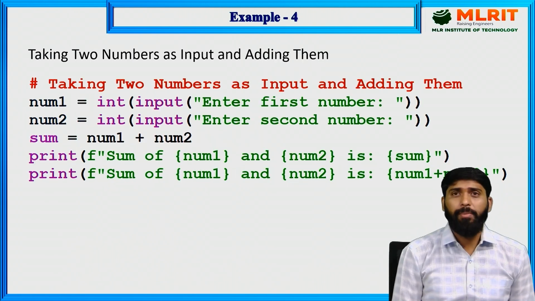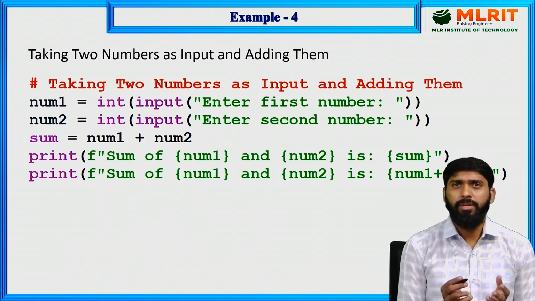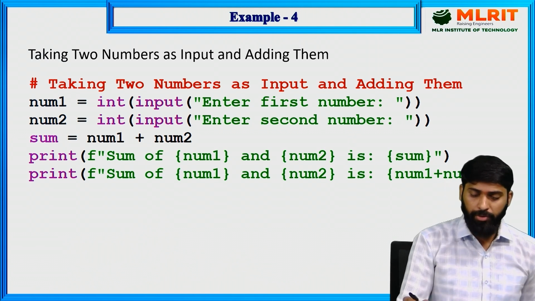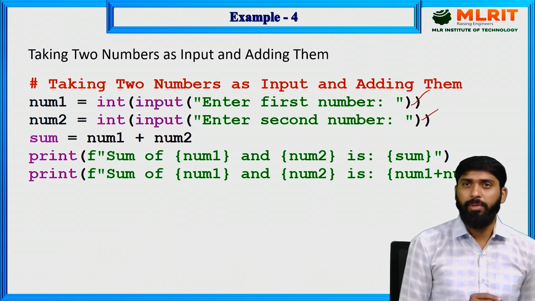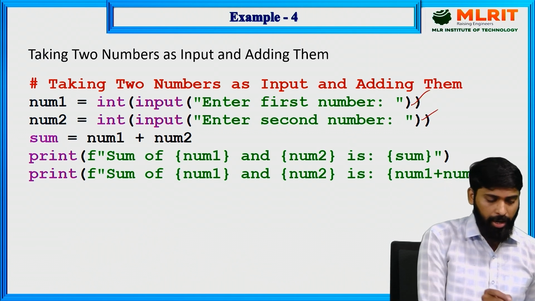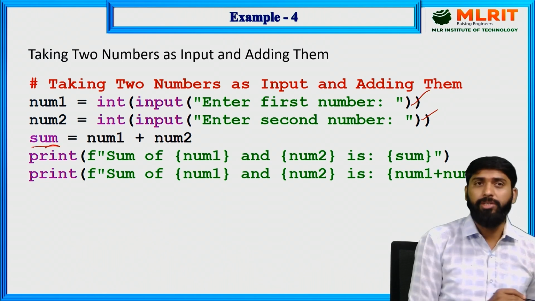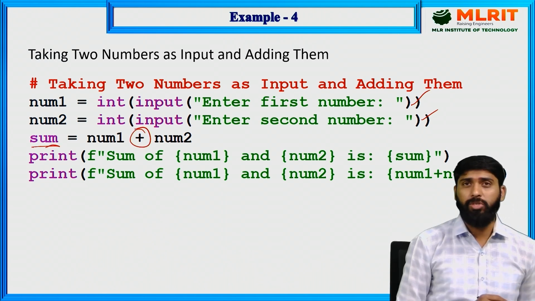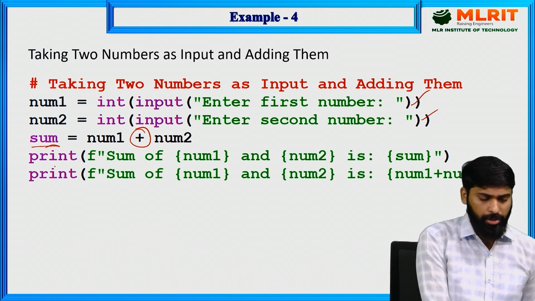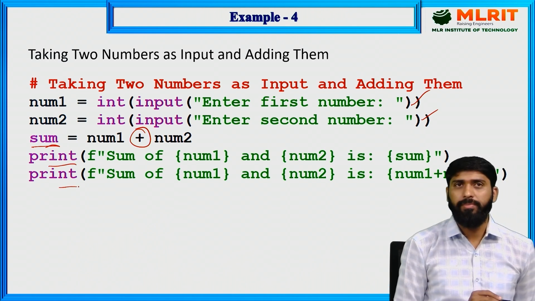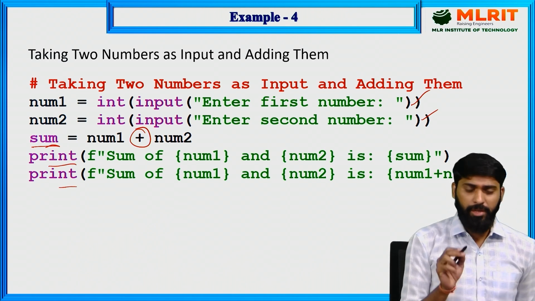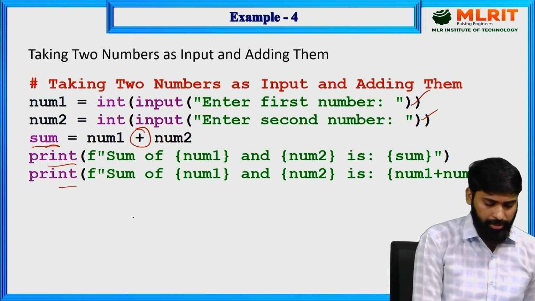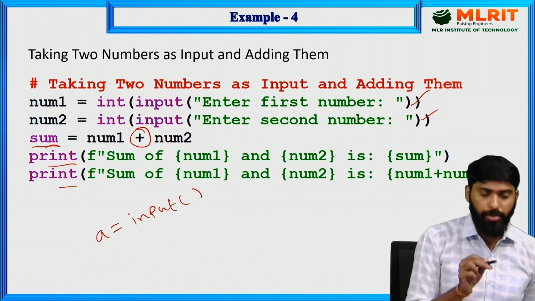Okay. So coming to example 4, here the purpose of the program is addition. I want to read two values from the keyboard, and I'm going to perform addition here by using the plus operator, and I'm going to print using print function. That's it. You remember one thing, while reading the input, for example, if I write like this, input A equals to input.